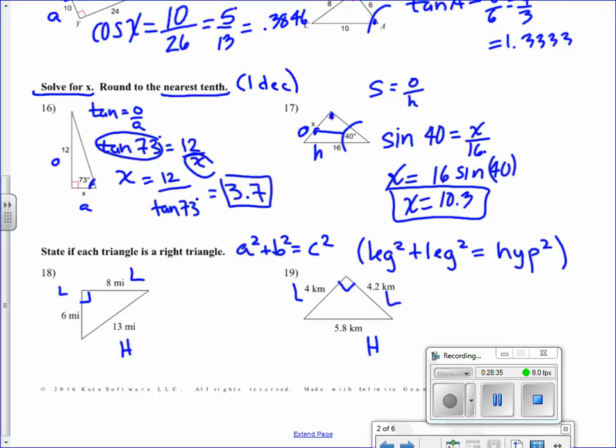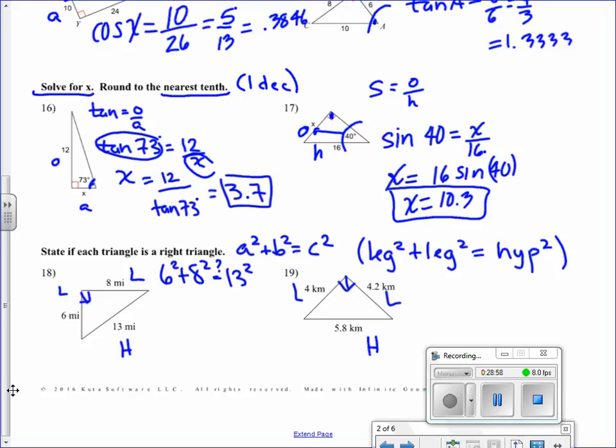Remember, the right angle is like an arrow that points to the hypotenuse. You should hear my voice saying that every time you see a right angle, because I say that every day. So I want to determine if 6 squared plus 8 squared equals 13 squared. That's the question I'm asking.